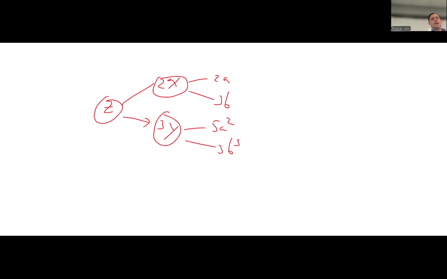So that's what you're going to try to calculate here to arrive at z. So that should be the so-called chain rule: the derivative of z in terms of x times the derivative of x in terms of a, plus the derivative of z in terms of y times the derivative of y in terms of a.